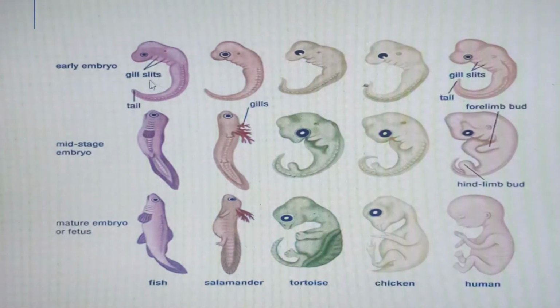You can see that in the early embryonic period, they resemble each other. They have gill slits, they all have similar structure, similar organization, and they all have this tail.